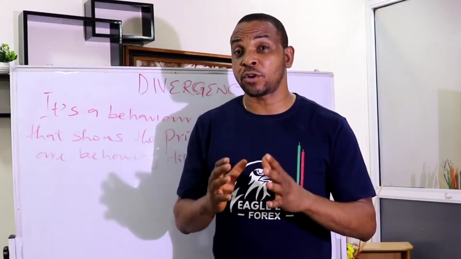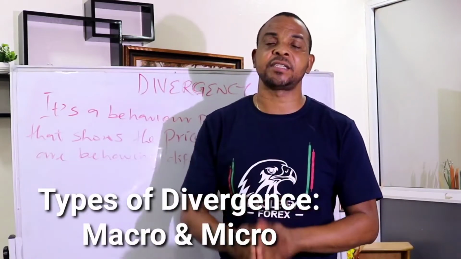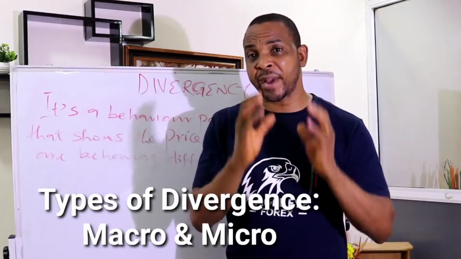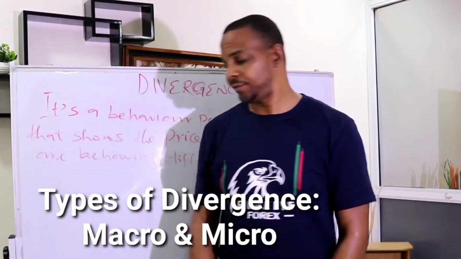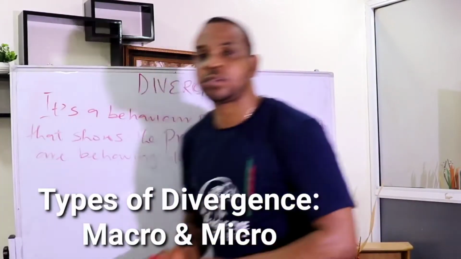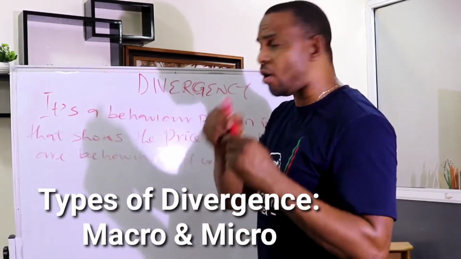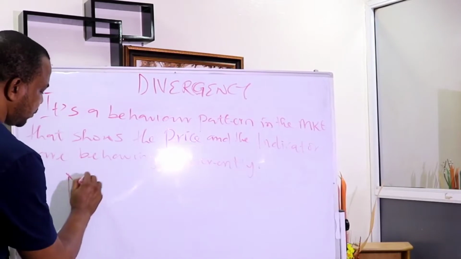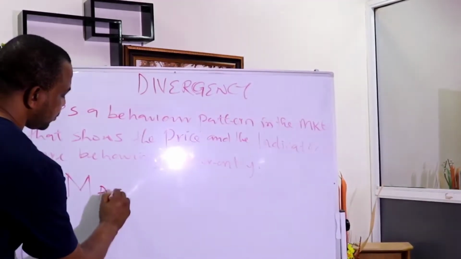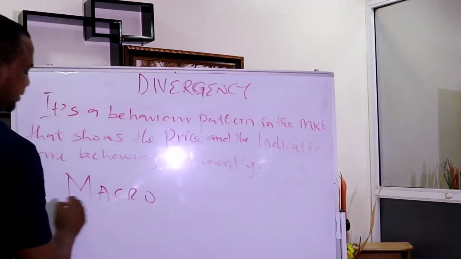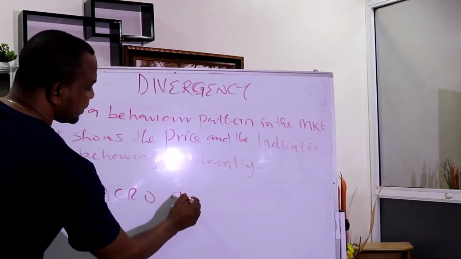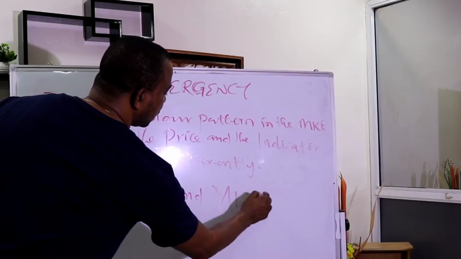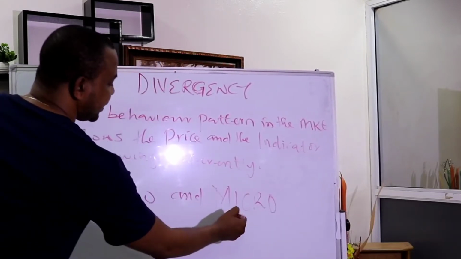Now, we have different kinds of divergence in the market, but we are going to focus on two: macro divergence and micro divergence.